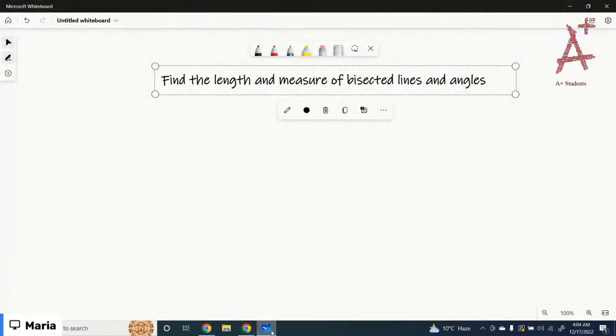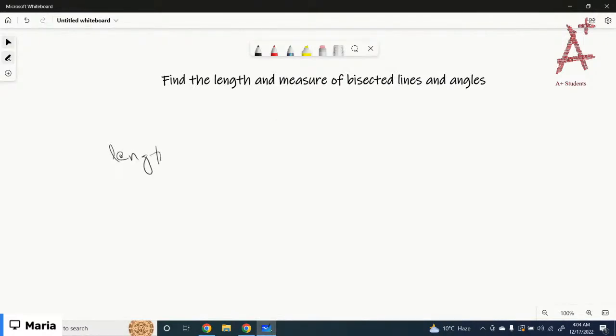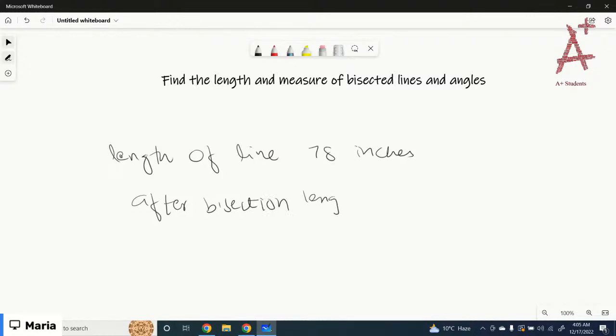So after the bisection, the length of each segment is 78 divided by 2.